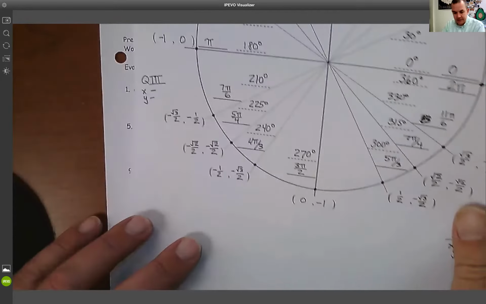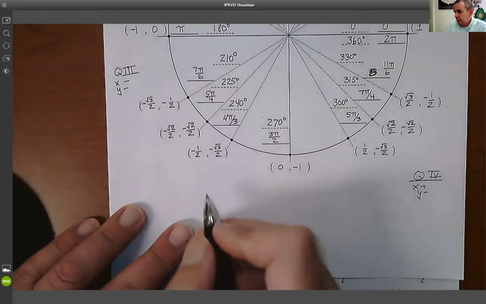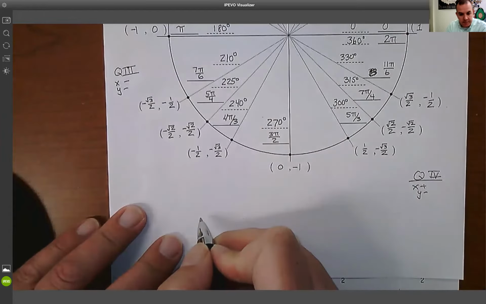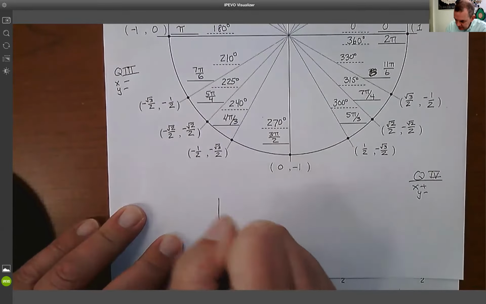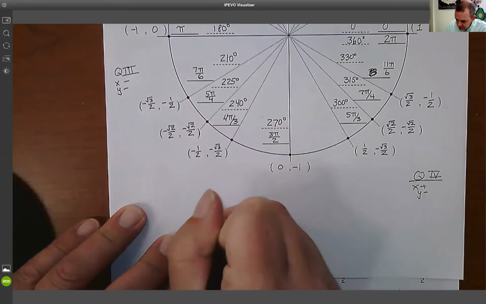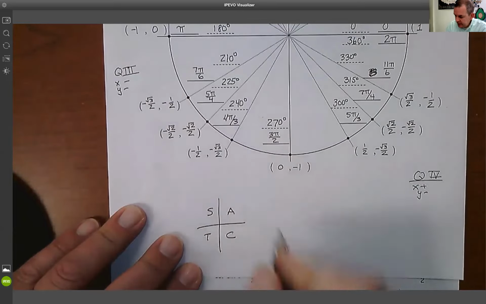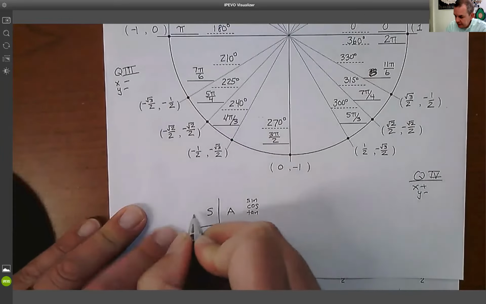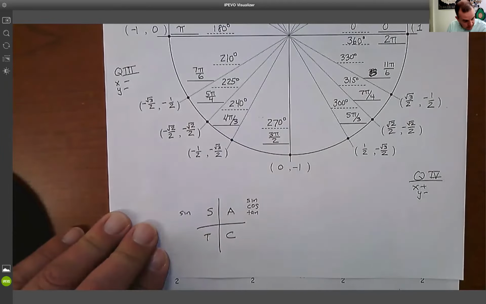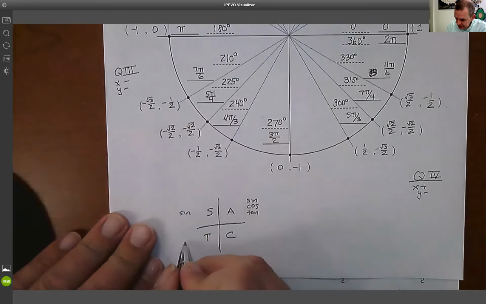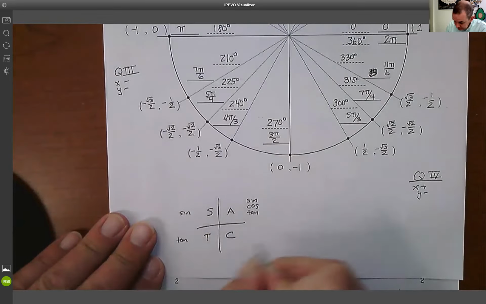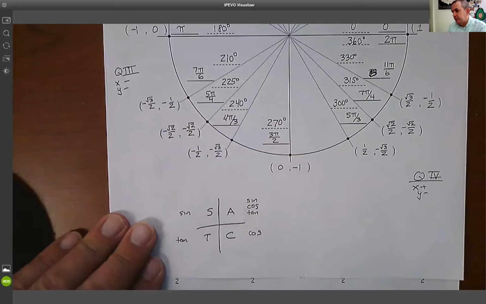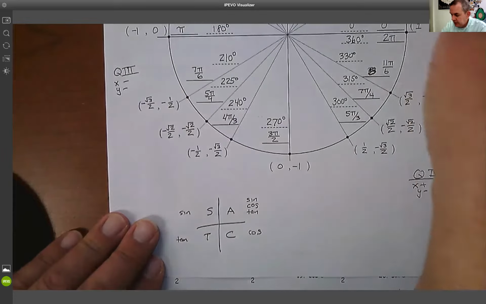So sine, cosine, and tangent are all positive here. Sine is positive here. Tangent is positive here. Cosine is positive here. So that's just another way to remember it: All Students Take Calculus.